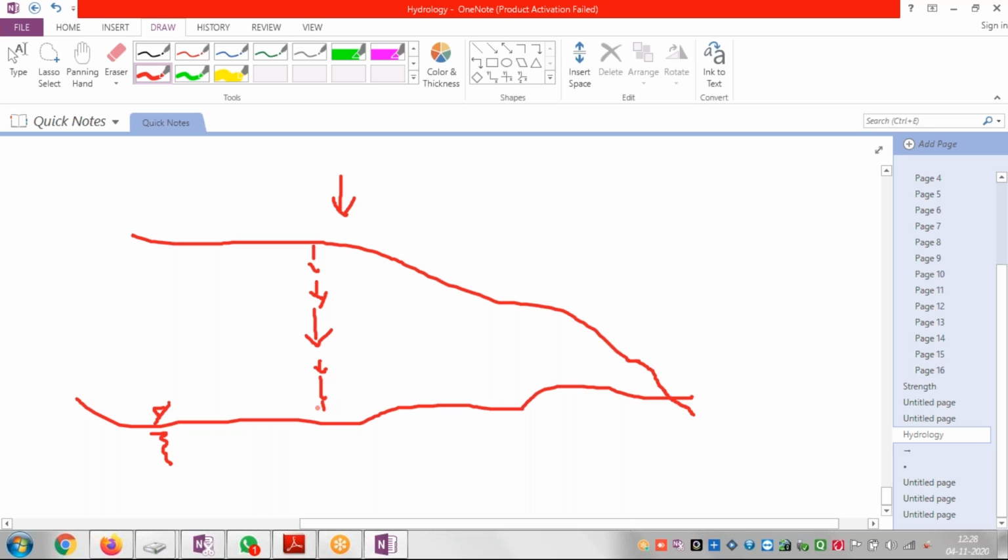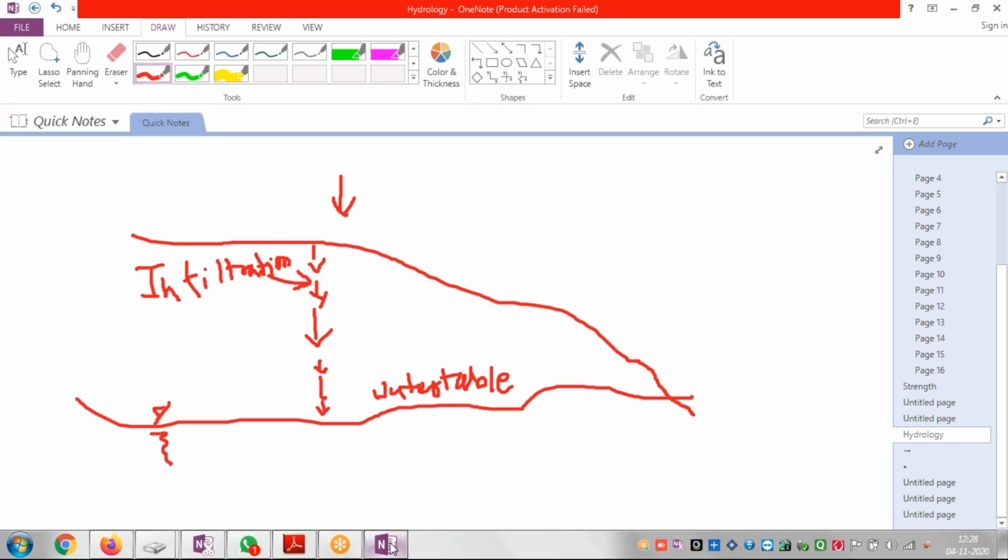So it meets the water table. This is the water table. So this is the process of infiltration. The process of water entering into the soil is called infiltration.